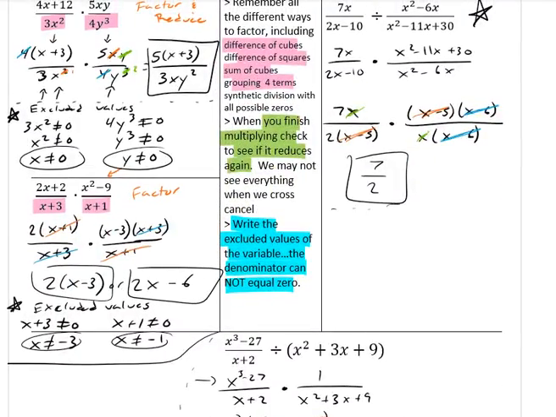So on this one here, even though it reduces to a whole number, there are still excluded values that need to be determined. When you divide, which means you're going to have to flip it, you must find excluded values from original denominators and flipped denominators, meaning when you flipped it, you have new denominators.